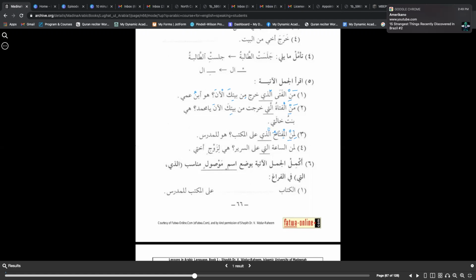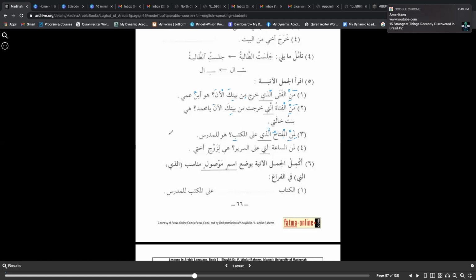So the ha is going to connect and merge directly with the lam. Liman al-miftahu alladhi. So whose key is this which is ala al-maktabi, which is on the desk? Whose key is this which is on the desk, ala al-maktabi.